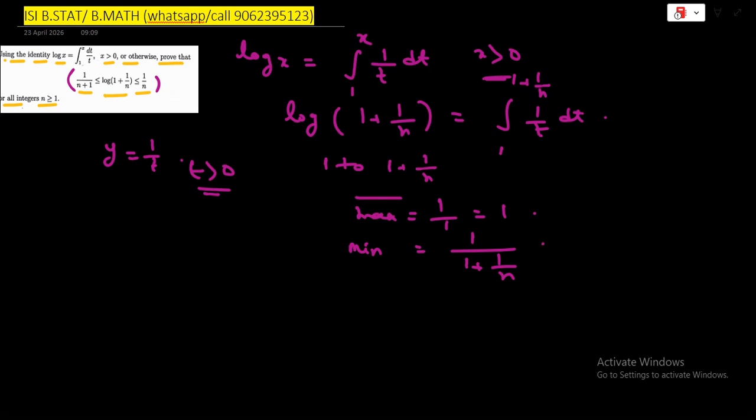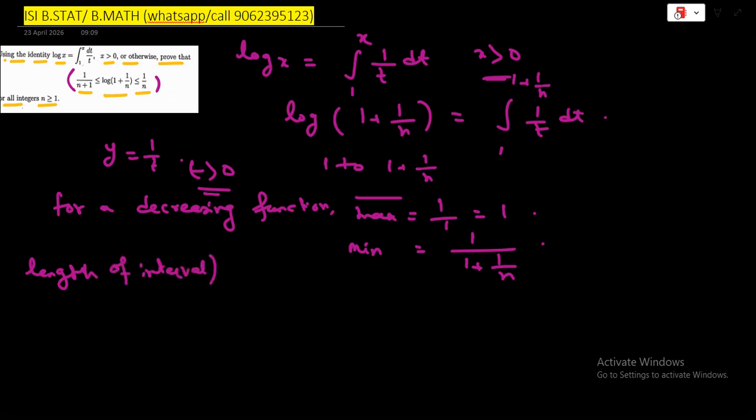Now for a decreasing function, length of interval into minimum value is less than or equal to the integral of f, which is less than or equal to length of interval into maximum value.